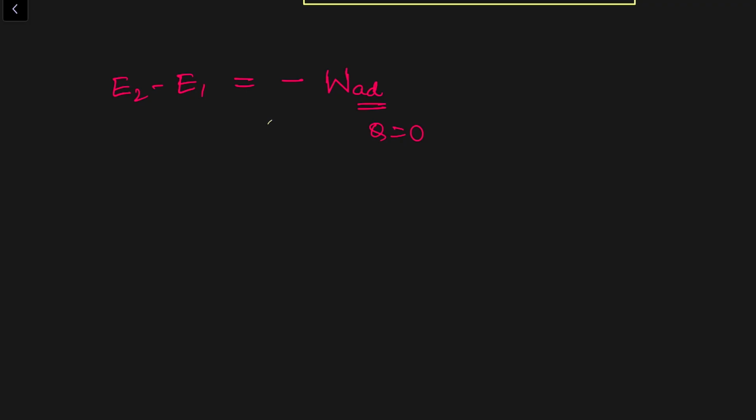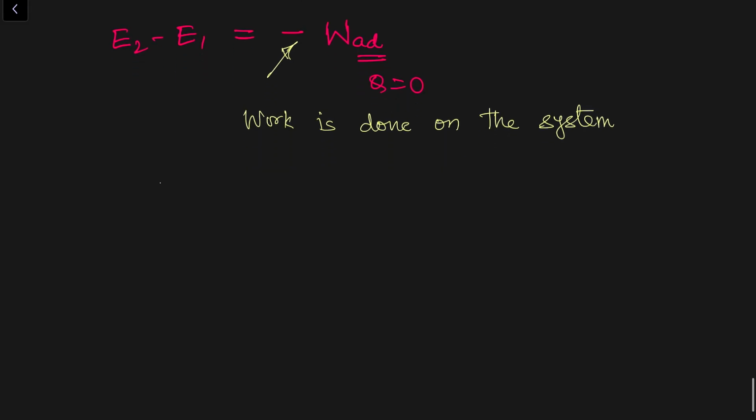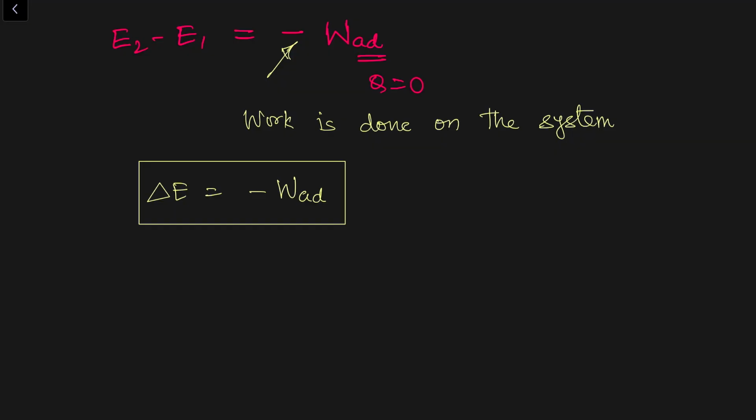And why this negative sign? This negative sign is because here work is done on the system. So we can also write it like del E is equal to minus W AD for Joule's experiment.